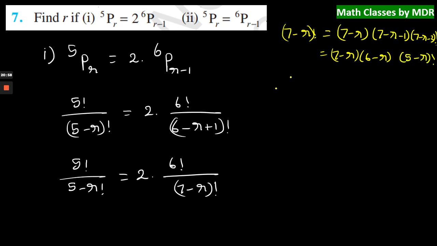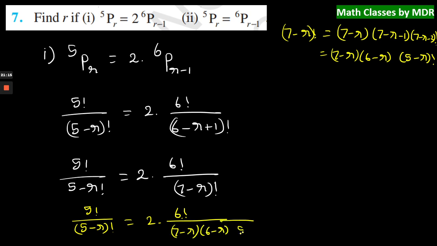It can be written like this. So let us substitute that. So we'll have 5 factorial by (5 minus r) factorial is equal to 2 into 6 factorial by (7 minus r) into (6 minus r) into (5 minus r) factorial. So now this (5 minus r) factorial and (5 minus r) factorial will get cancelled, right?